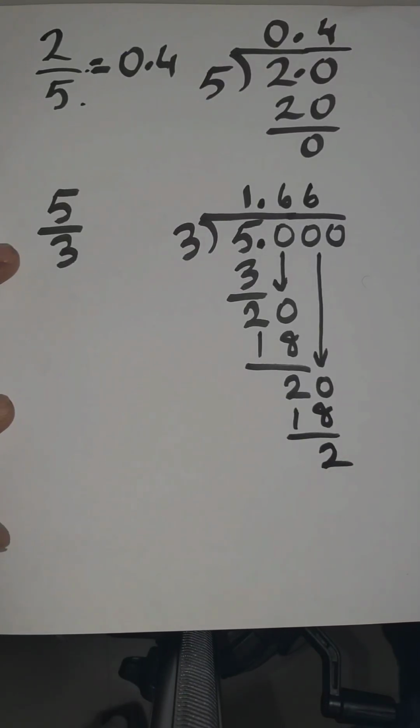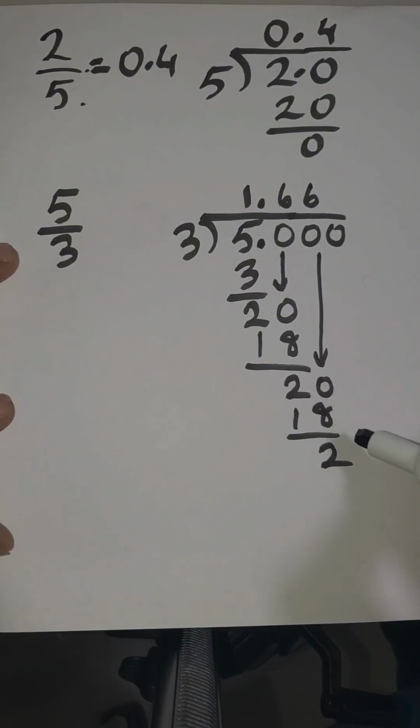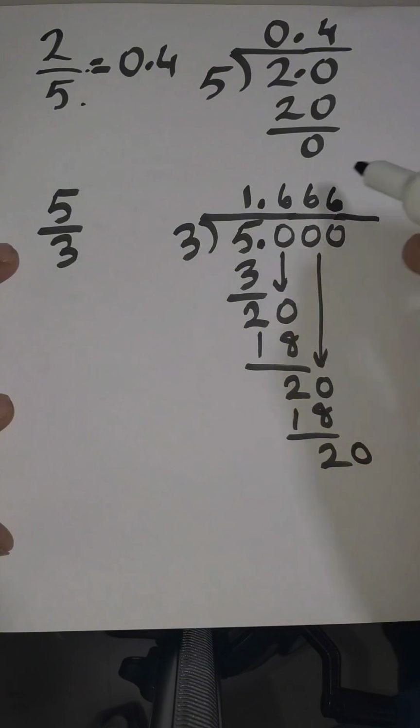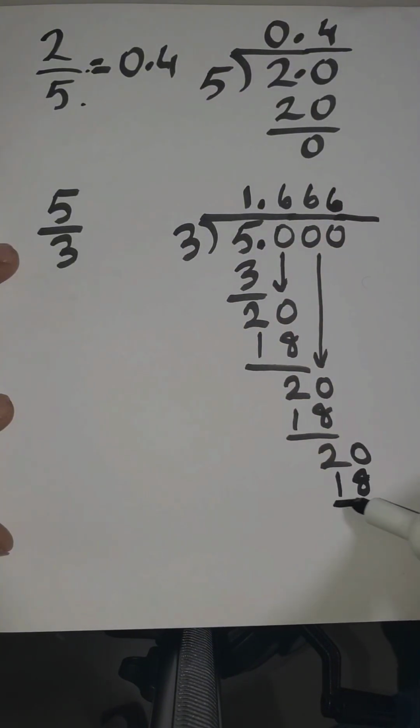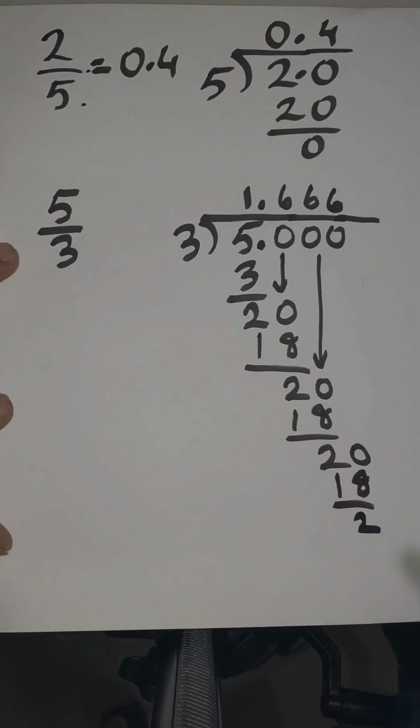You notice something that's going on. Every time I will end up getting 2 as my remainder, which when I add a 0 gives me 20, and then I will continue saying 3 into 20 goes 6 times. 3 times 6 gives me 18, and this will continue forever. So usually in a question like that, what you are asked to do is round off.